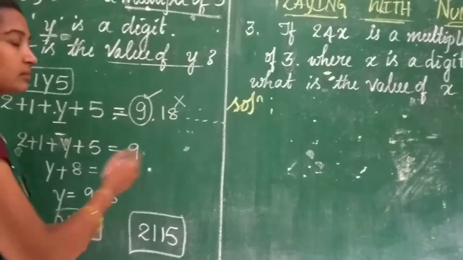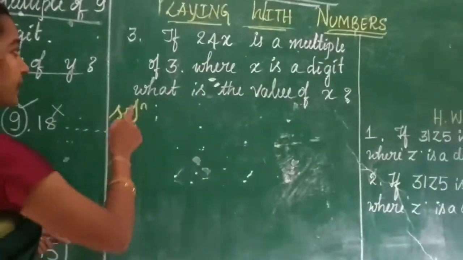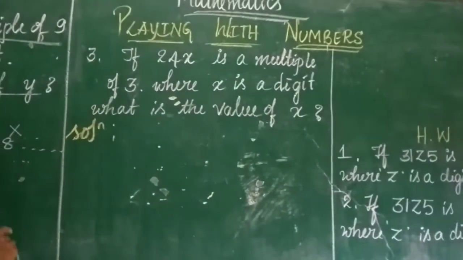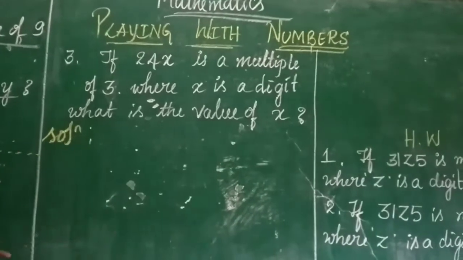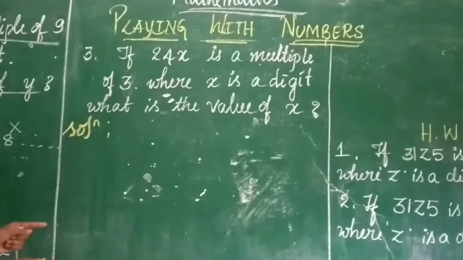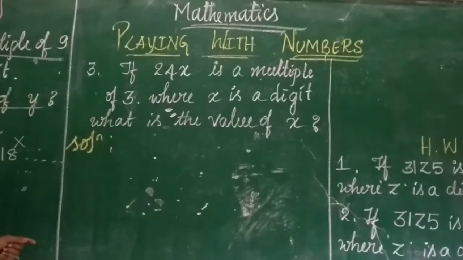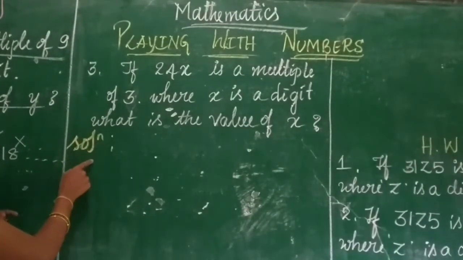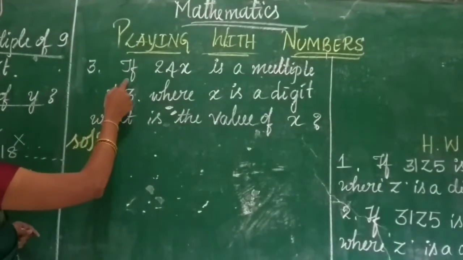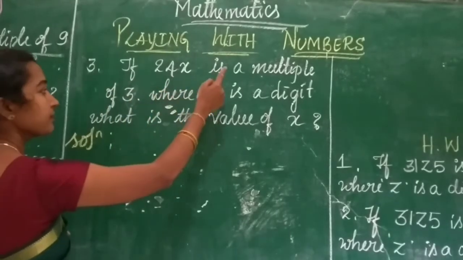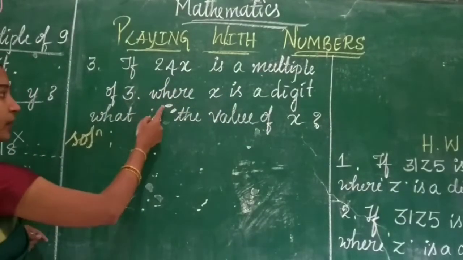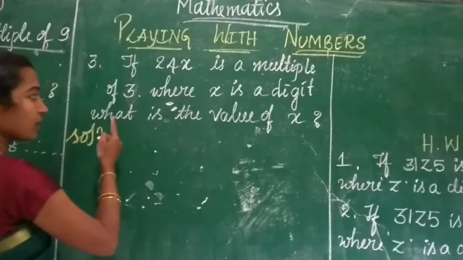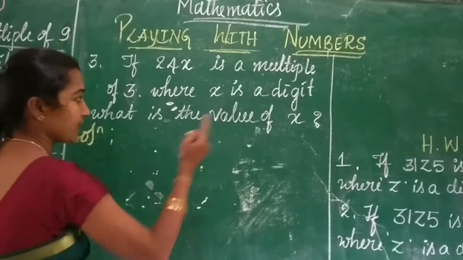Now let's go to another problem, that is the third problem in your exercise. Do the second problem of this exercise yourself, take it as a homework problem. Now come to the third problem. Here, if 24x is a multiple of 3 where x is a digit, what is the value of x?